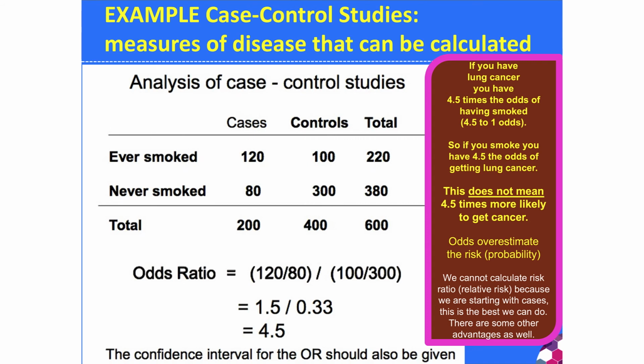And the reason we can't calculate risk in case controls, as I've mentioned previously, is because we are starting out with people who already have the disease, the health outcome, and then we're going backwards in time. But there are some other advantages as well, because probabilities, risks are between 0 and 1, and odds can be between 0 and infinity. So there are some statistical advantages to odds compared to risk.